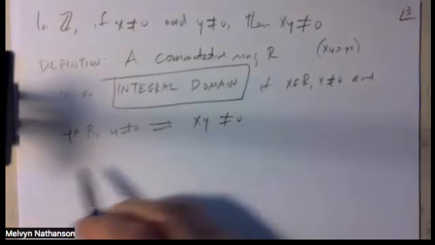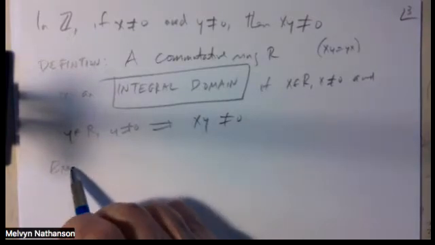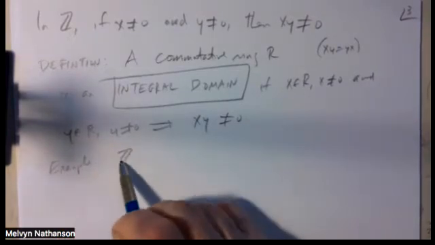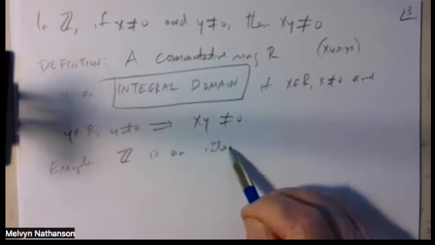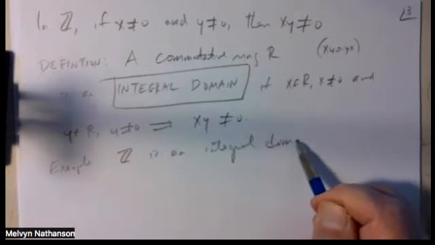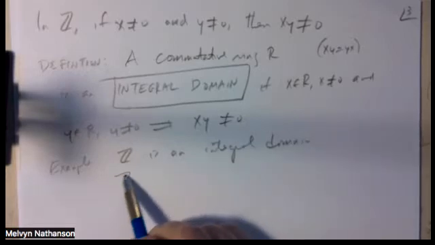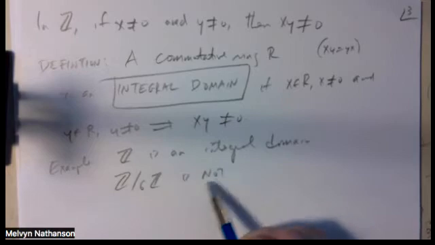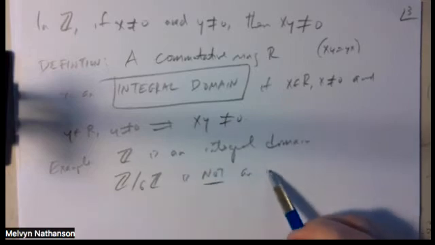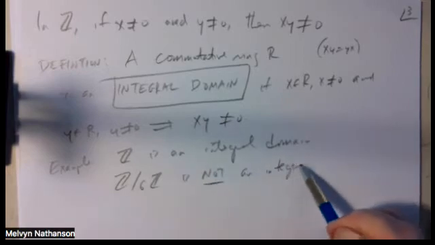So Z is an integral domain. Z mod 6Z is not an integral domain.